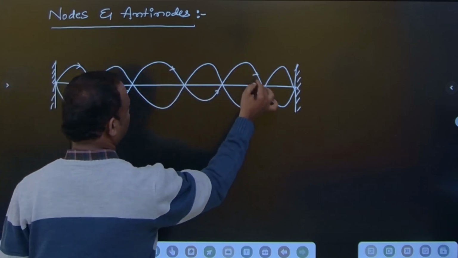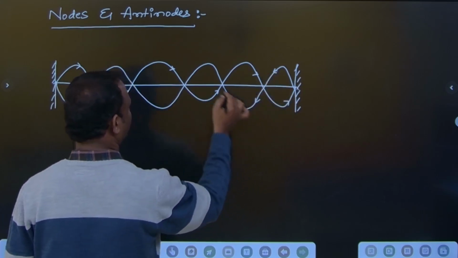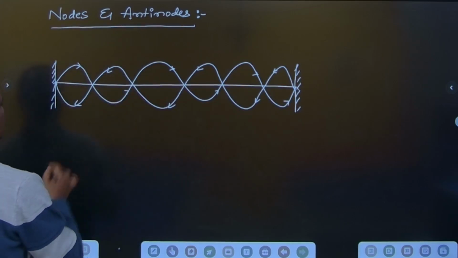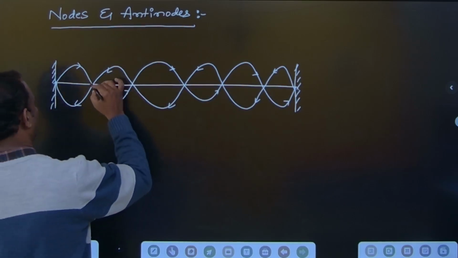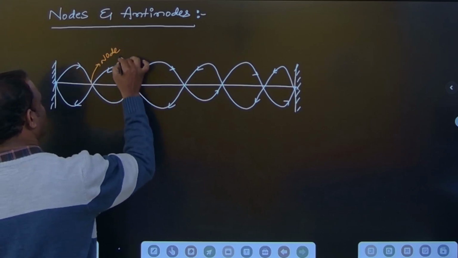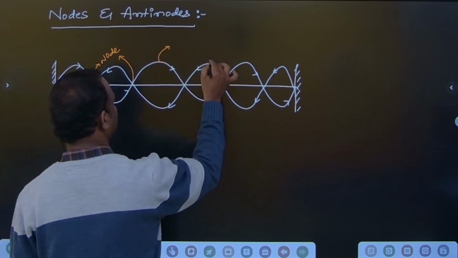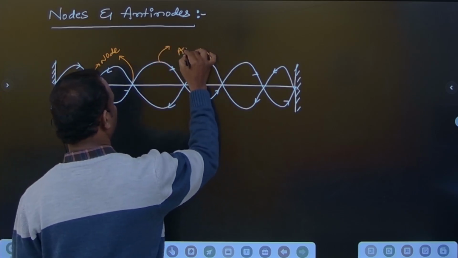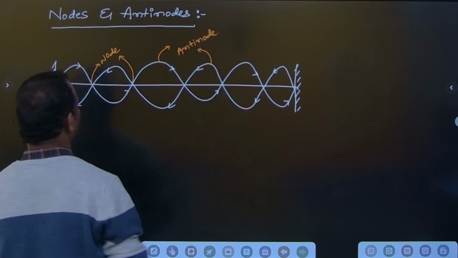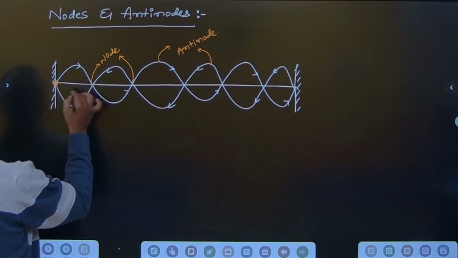After this, the wave gets reflected like this. This is a node, this one also we can say is a node, and here we can say this is an antinode.